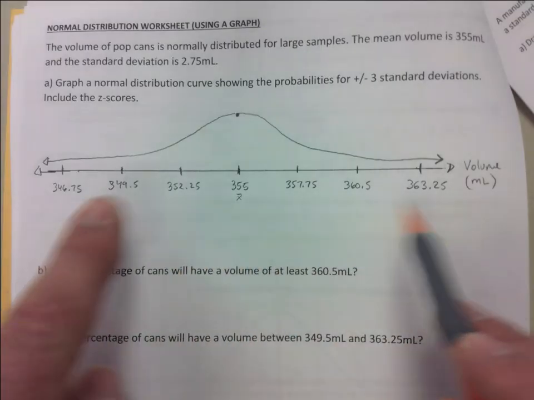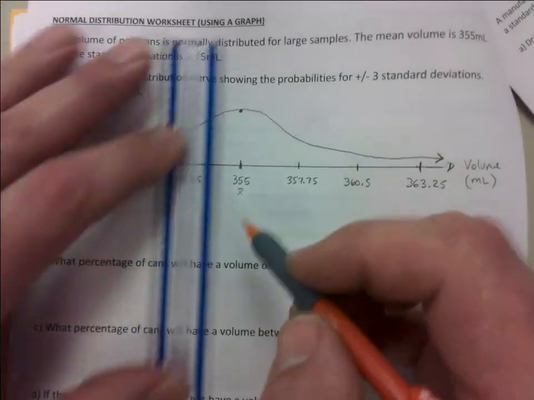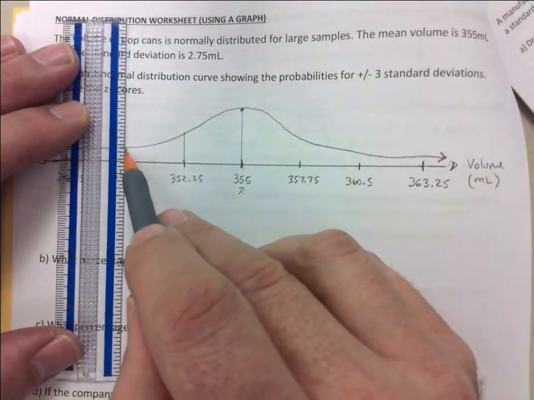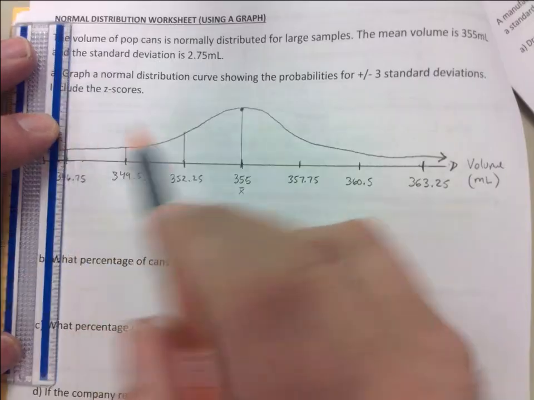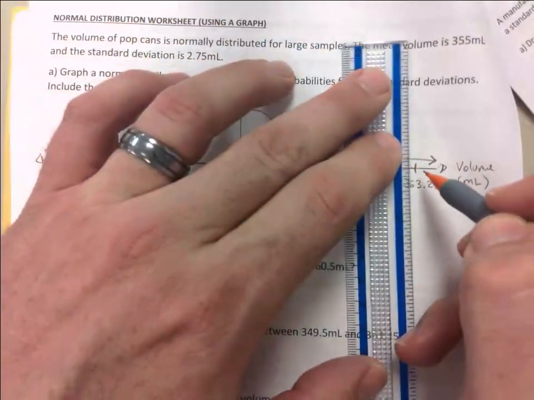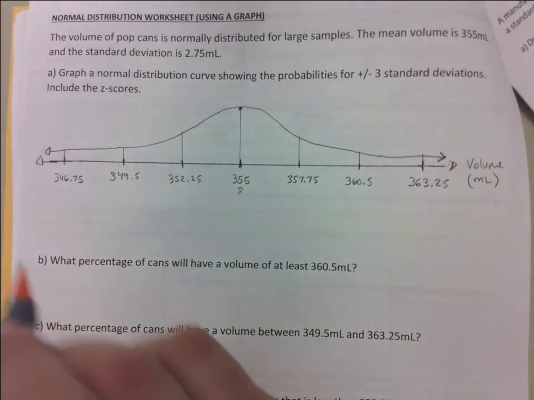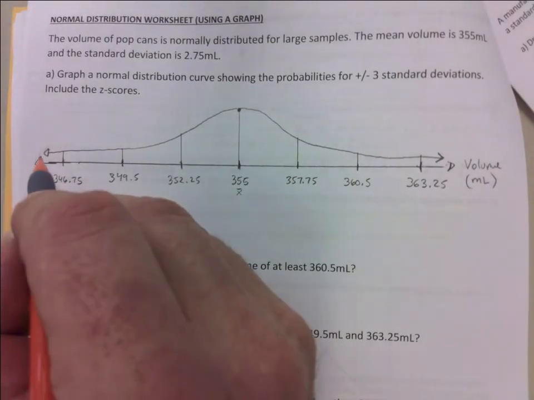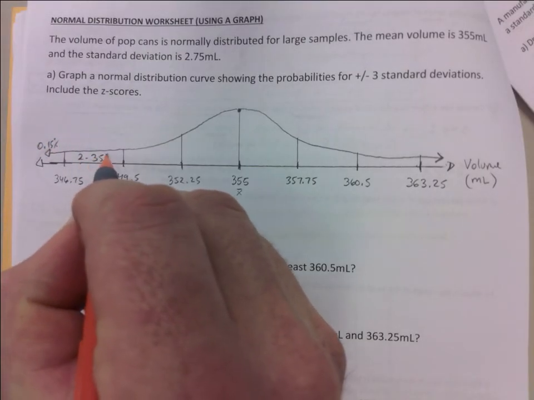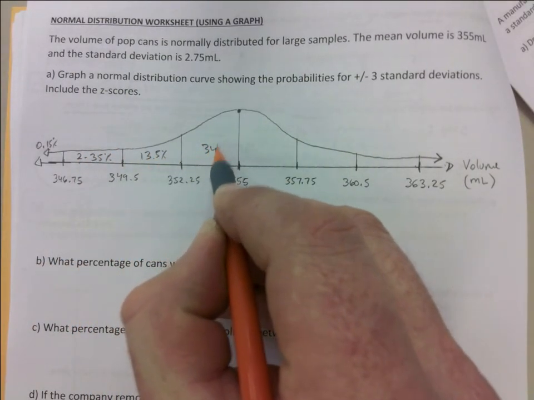You have your values, you have your curve, and now you need to slice it up with the percentages. Okay? So you grab your ruler and slice it up right at those numbers that you've created. After a while, you probably will remember these numbers. So I'm going to go 0.15%, 2.35%, 13.5%, 34%.